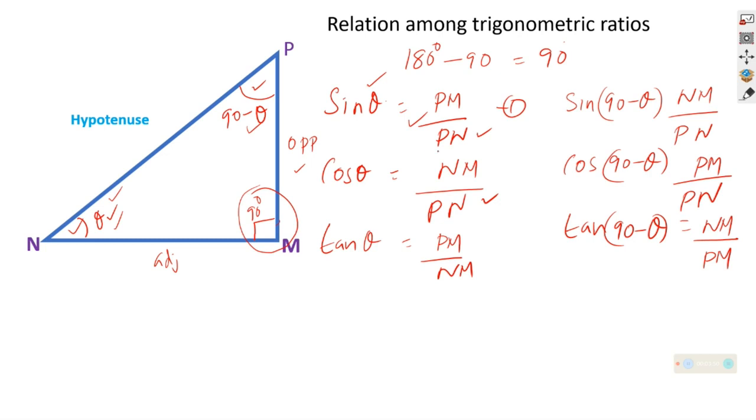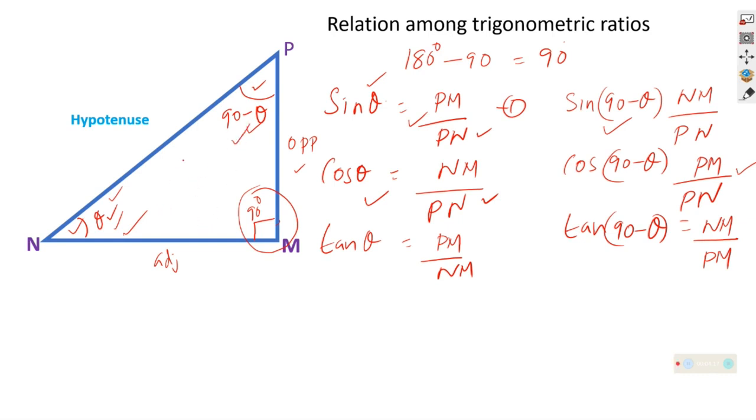This is Pm upon Pn, correct? This Pm upon Pn became equal to cos of 90 minus theta. Cos theta, which is Nm upon Pn, became sine of 90 minus theta. Understood? So there is a relationship between sine theta, the ratio of opposite side and hypotenuse for this particular angle, and the ratio of opposite side and hypotenuse for this other angle.